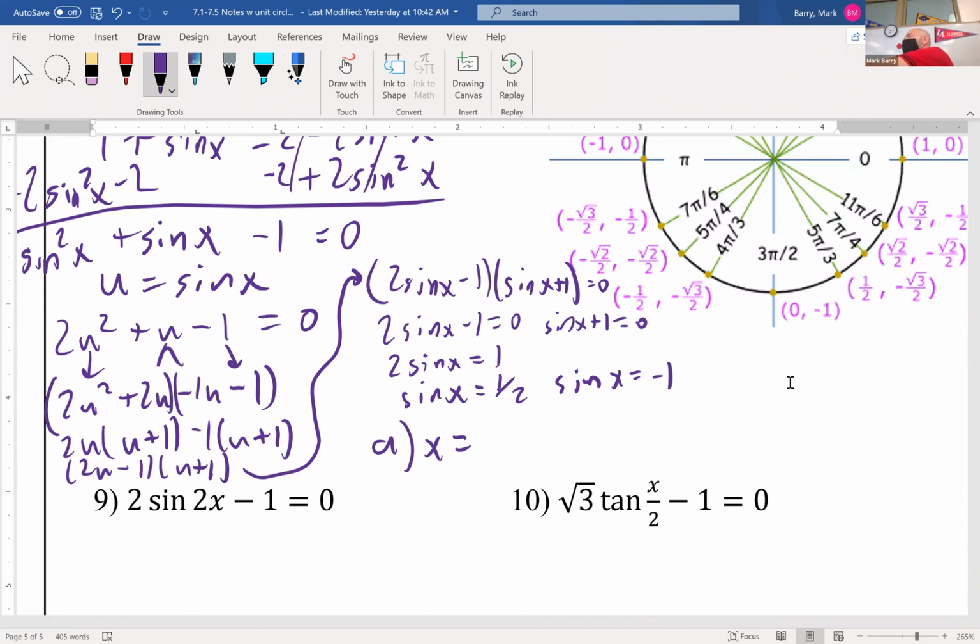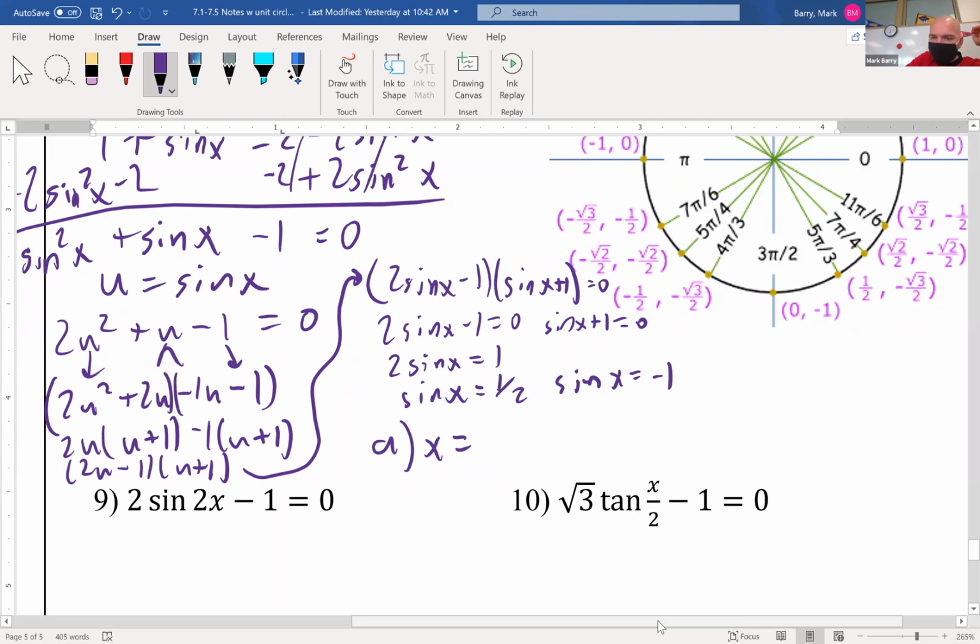I got sine x equals -1. Ahora estamos listos para ir al unit circle. In English, now we're ready to go to the unit circle.